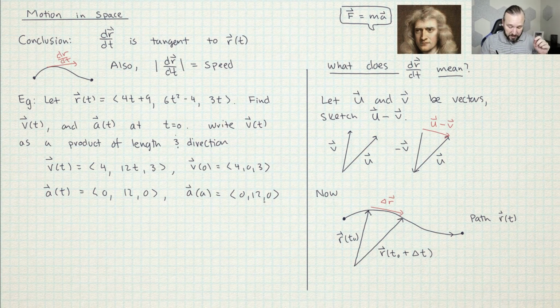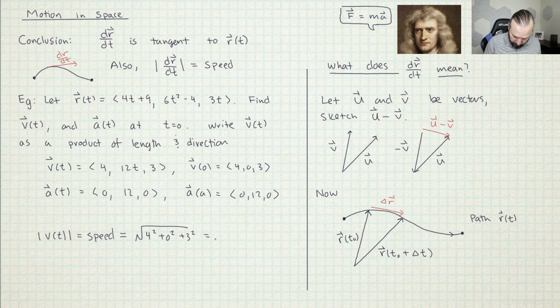Write v as a product of its length and direction. Okay, so let's do that. So the magnitude of v, remember that this is also the speed. Just kind of a good mantra to put into your head: the derivative is the velocity, the magnitude of the derivative is the speed. So in this problem, I'm going to do the square root of 4 squared plus 0 squared plus 3 squared.